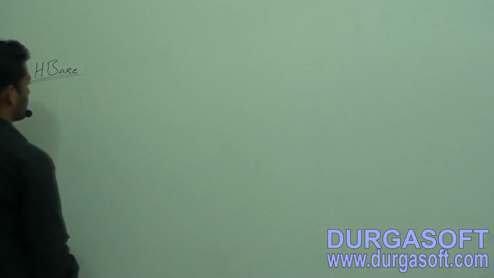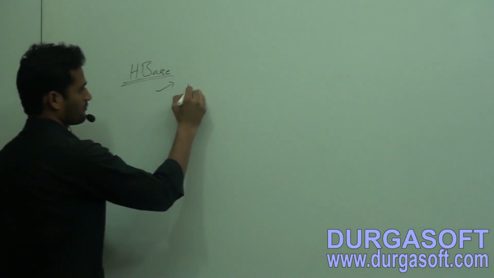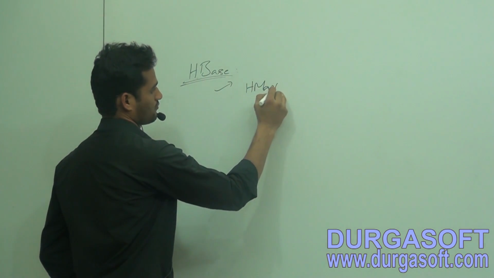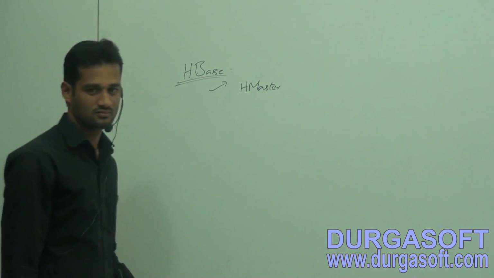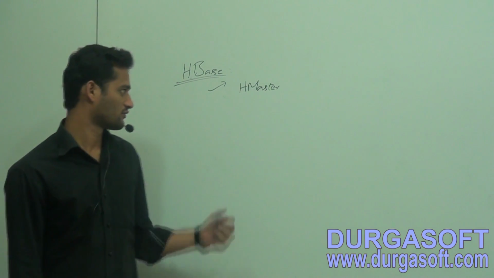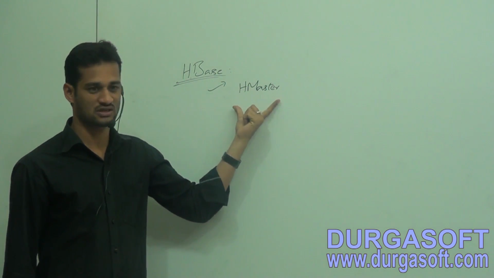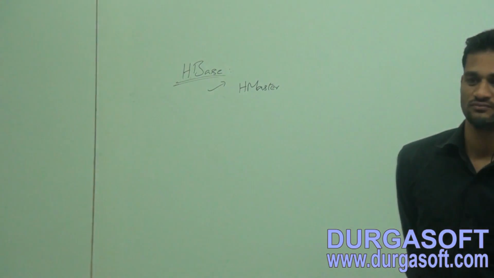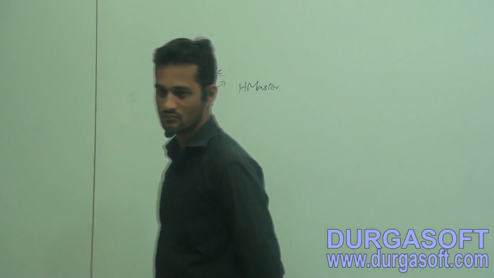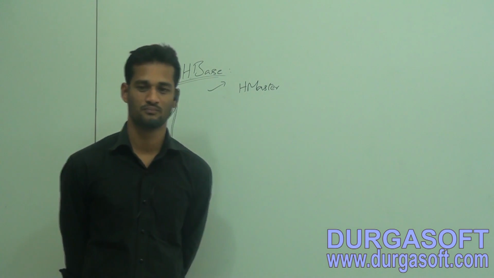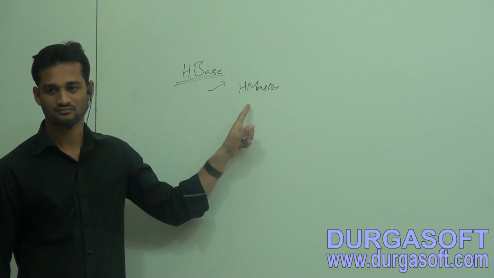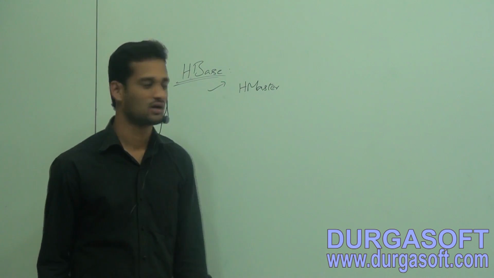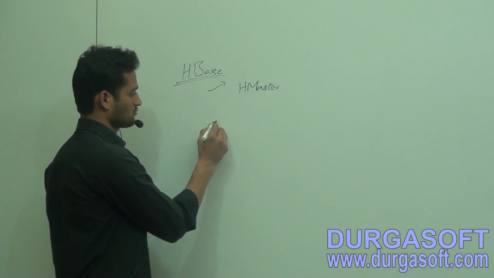Okay, so if I wanted to start working with HBASE, I need to start one service. What is that service? HMaster. If I wanted to start working with HBASE, I have to start the HMaster service. For Oozie, you must start Bootstrap. For HBASE, HMaster. Very, very important. How to start the HMaster service?